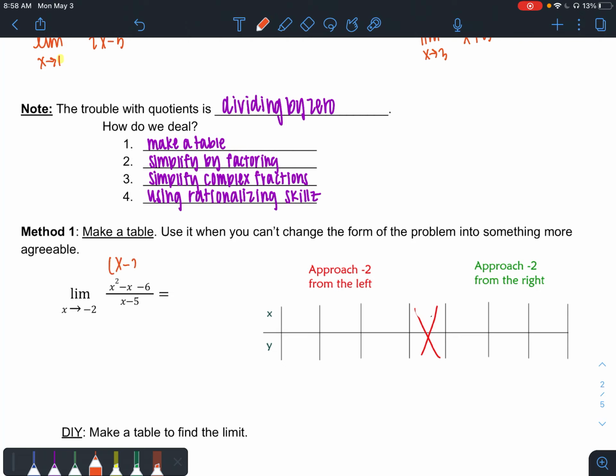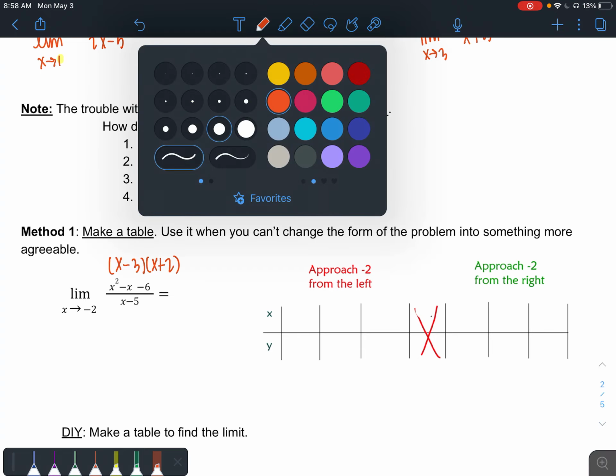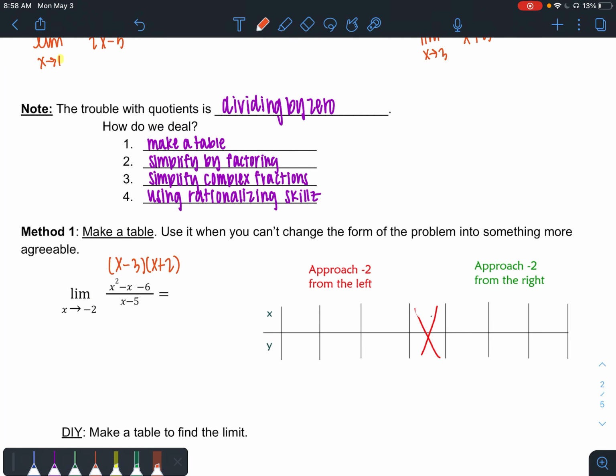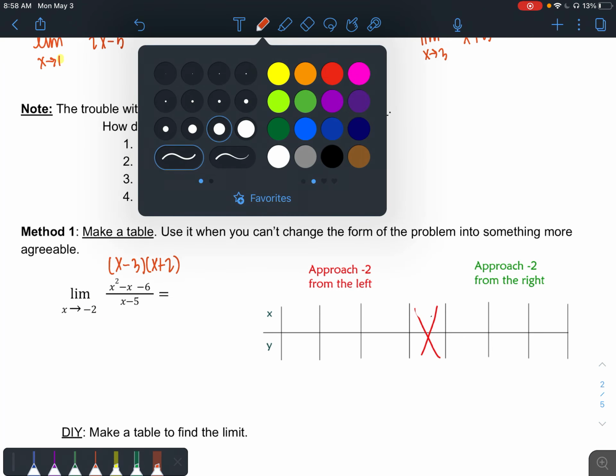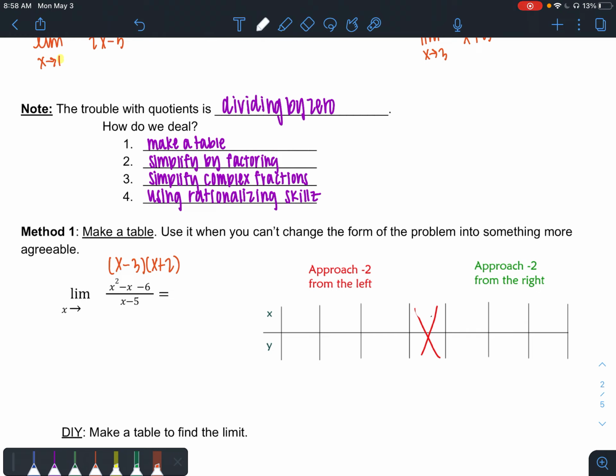Oh, so this is x minus 3 times x plus 2. So nothing cancels with the denominator. I'm actually going to change this so that it's approaching 5, because it can approach 2, it just can't approach 5. So that needs to be a 5.